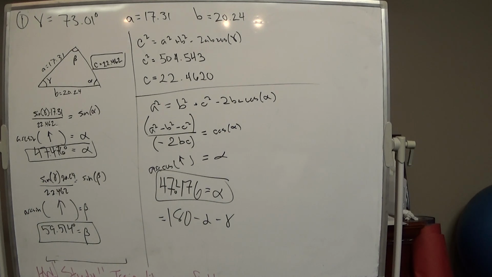Now, you're dividing by, you want the entire denominator in parentheses. So you're going to go parentheses, -2 times 20.24 times 22.4620, end parentheses. Now you've ended parentheses on the bottom. Now we're going to end parentheses for arc cosine. And that should do it.